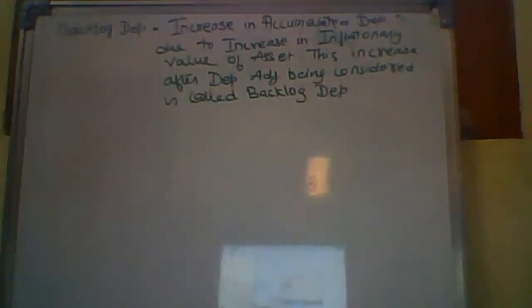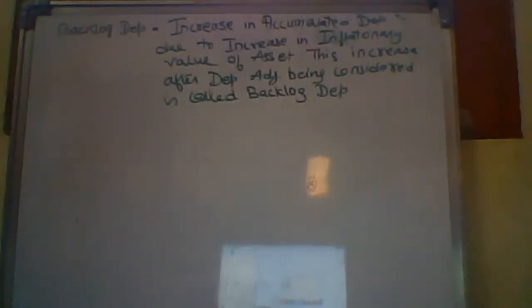Okay, now it means what? Due to inflation, the value of the asset keeps increasing. When the value of the asset is increasing, then depreciation each year will be increasing. If depreciation each year is increasing, the total accumulated depreciation at the end of each year will keep increasing.